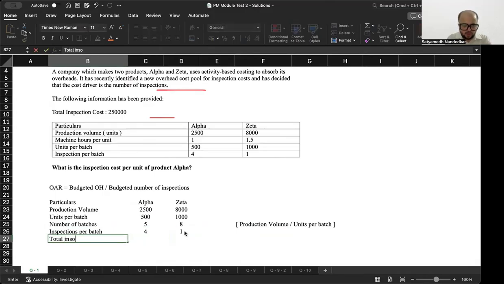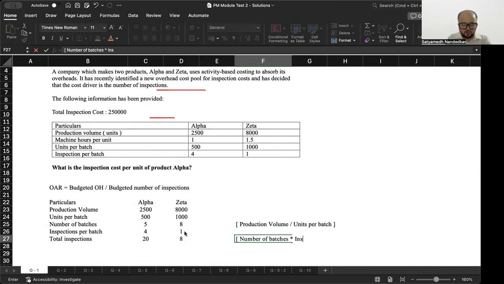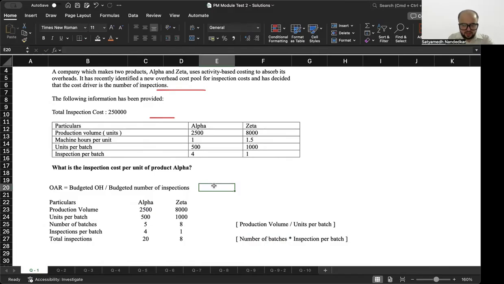So total inspections, which is basically number of batches into inspection per batch. So how do I get this calculation?